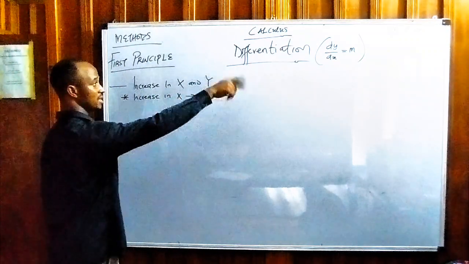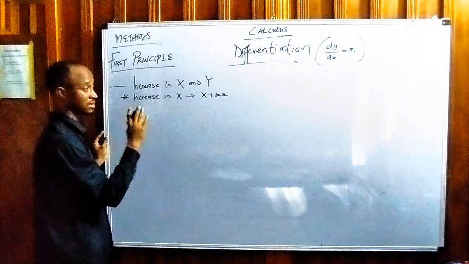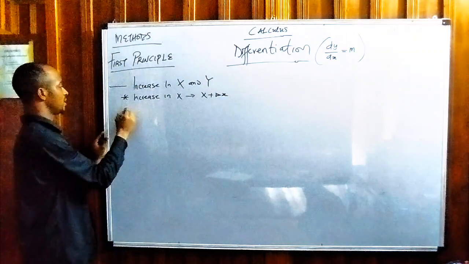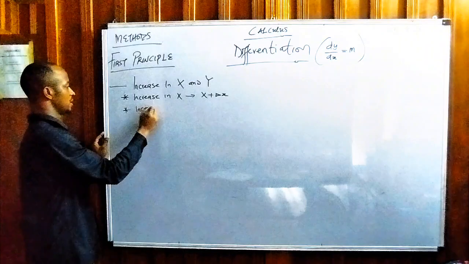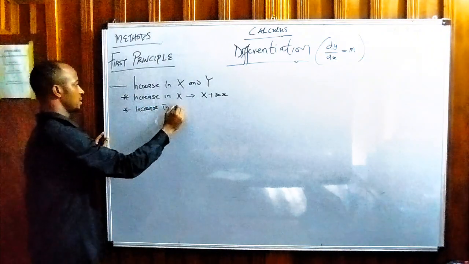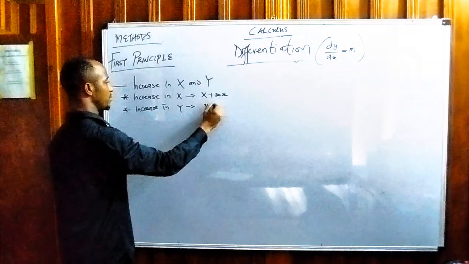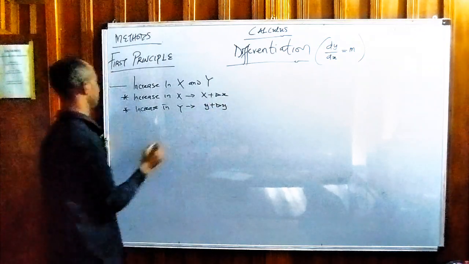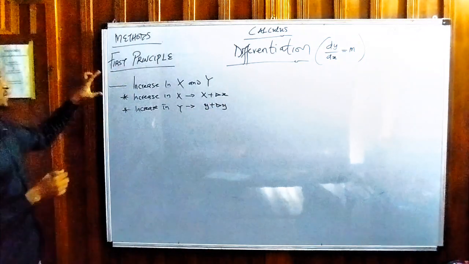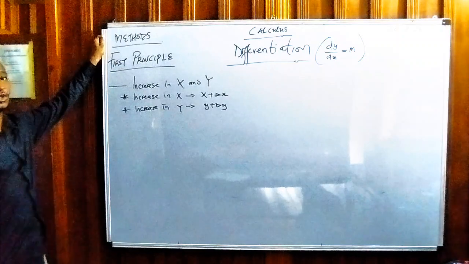Delta x is not the same as x. Okay, just take notes. Then the second one is increase in y. Increase in y will give us y plus delta y. This is the first thing you must take note of in first principle.